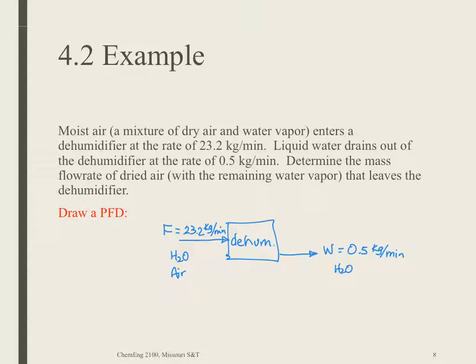This is not complete at this stage because the air is not leaving the system. And I know that the air has to go someplace. So I have this other stream that I will just call A for air. And it's going to contain H2O and it will contain air. I don't know how much H2O, I don't know how much air. It will be all of the air.